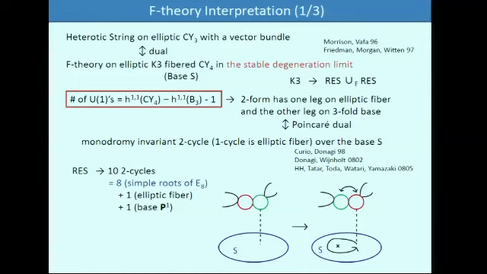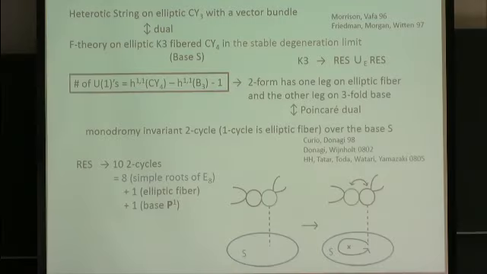So we have to find how many monodromy invariant two-cycles remain in our parameterization, and if we find this monodromy invariant two-cycle, then we can say that there is a U(1) symmetry corresponding to this component.